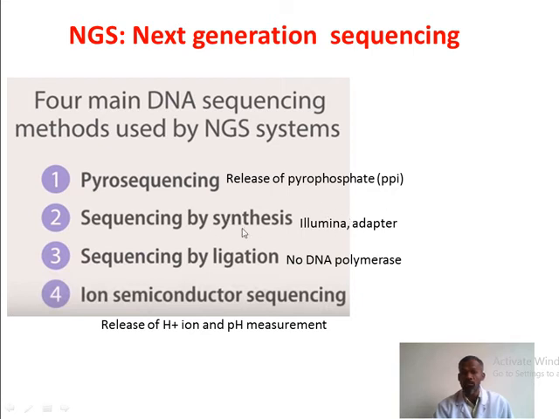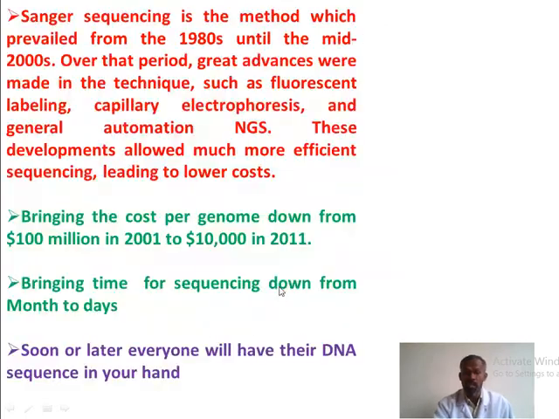Sequencing by ligation needs no DNA polymerase; here we use a lot of primers to attach. Another method is ion semiconductor sequencing, where the release of hydrogen ions changes the pH, which is measured. Accordingly, we can derive the DNA sequence.